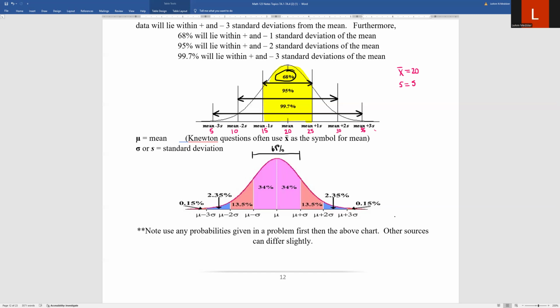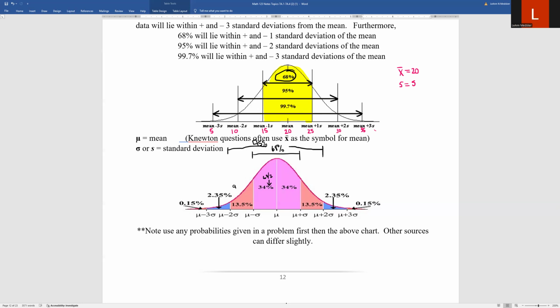So I took the 68 and just cut it in half since there's symmetry. So 68 divided by 2 is how I knew that these were 34% on each side. Once we start getting into the different sections beyond that, it gets a little trickier. So from the red to the red, so we're overlapping with the pink, that's supposed to be the 95%. Okay. Well, the problem here is I've already done 68% of that because I did it in the pink.